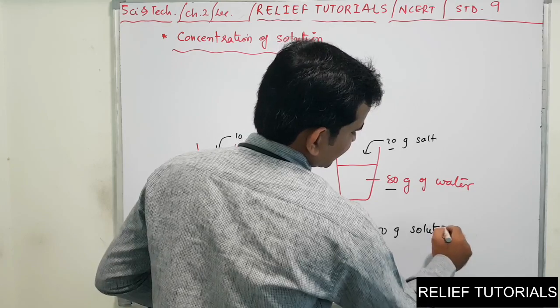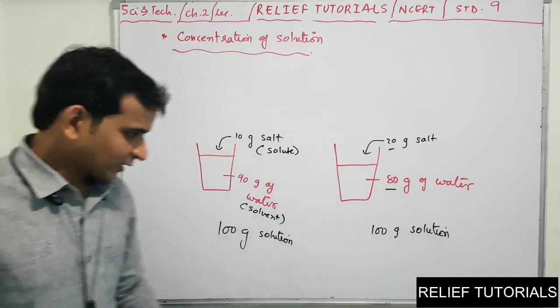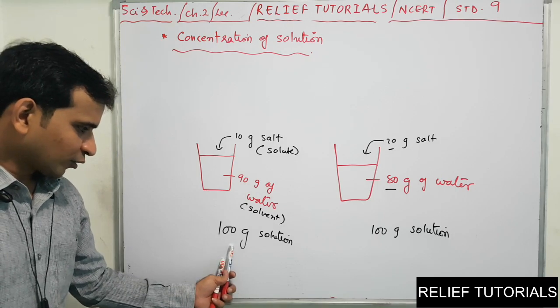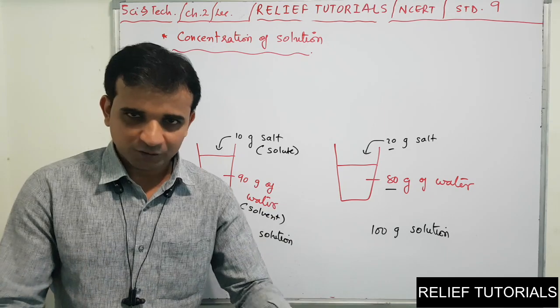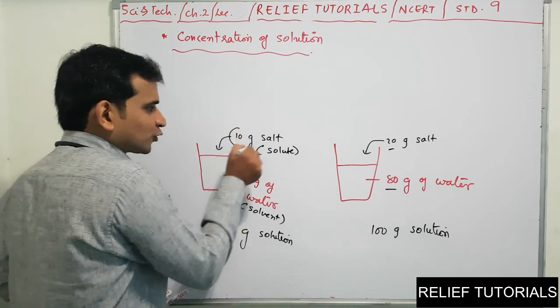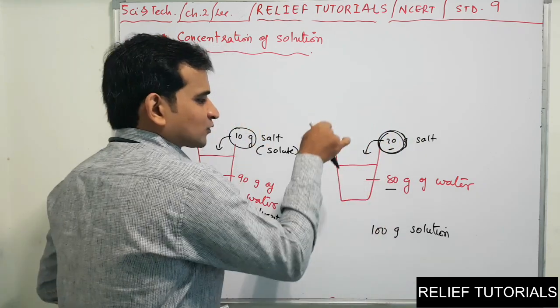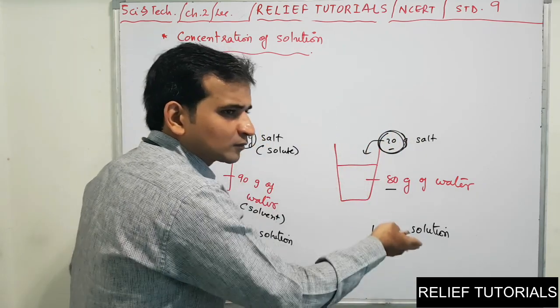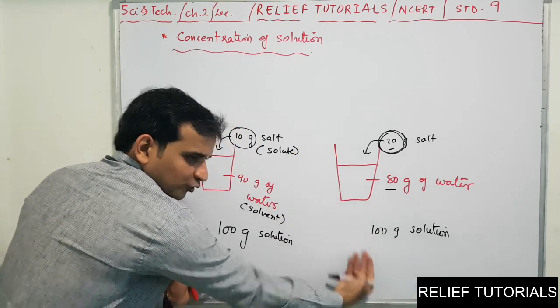Now in these 100 gram of solution, I have 20 gram of solute. Look at this: the mass of solution here is 100, here also 100. So I have the same amount of solution, but the amount of solute is more here. So we can say the concentration of this solution is more, because the amount of solute is more in the given amount of solution.